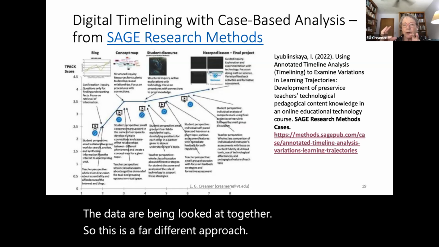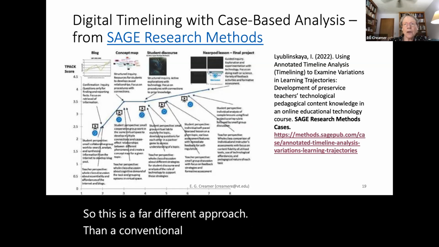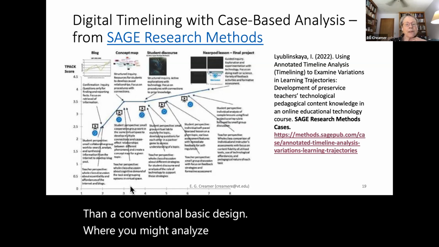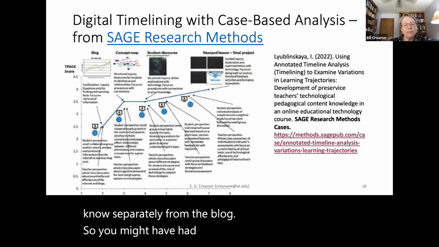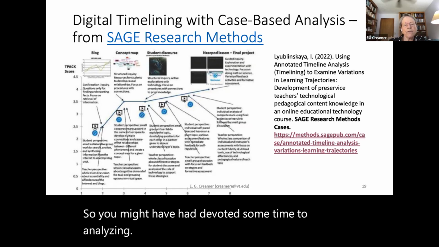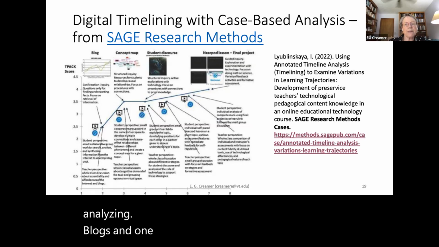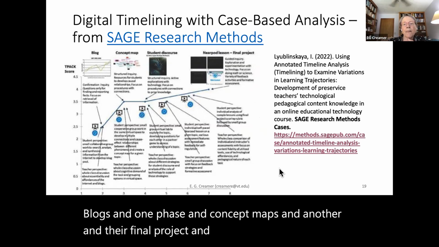than a conventional basic design where you might analyze all the concept maps separately from the blog. So you might have devoted some time to analyzing blogs in one phase and concept maps in another, and their final project in another.